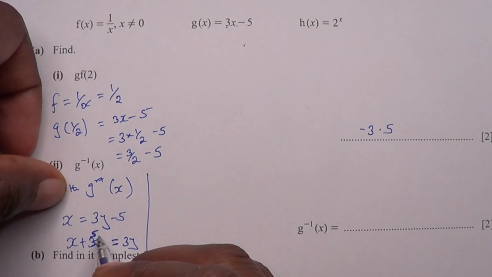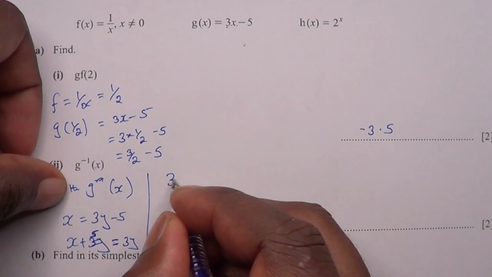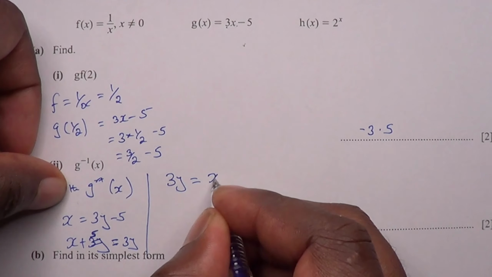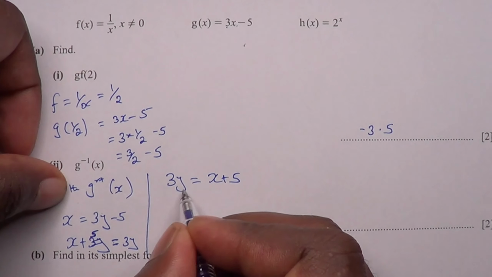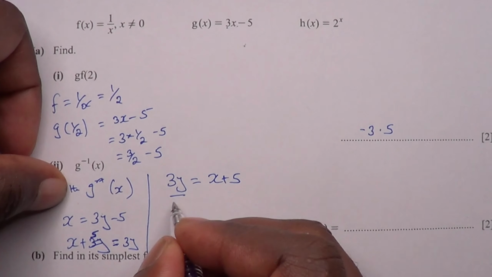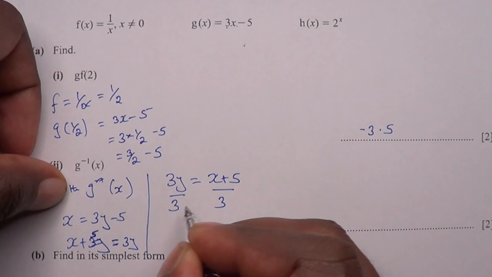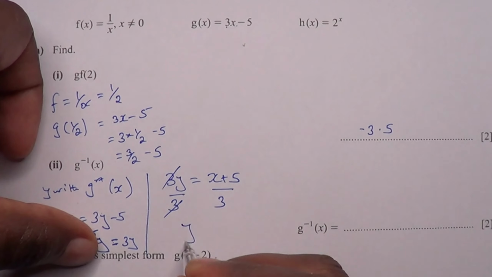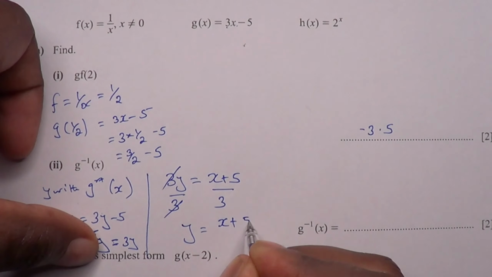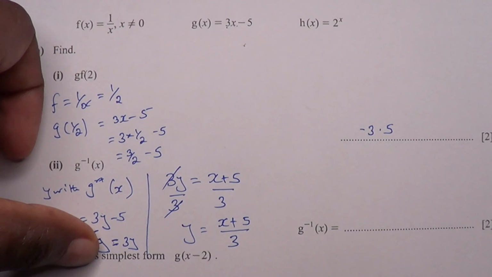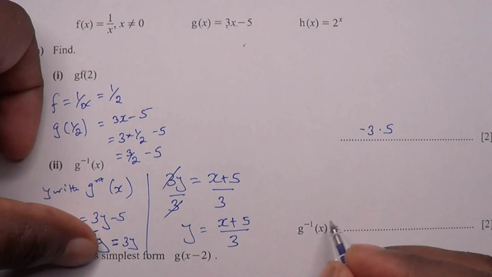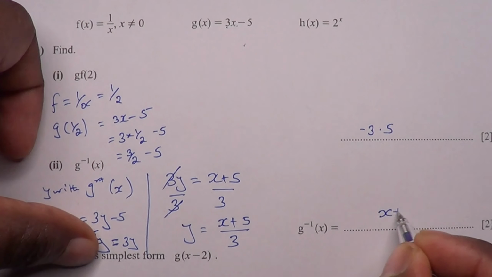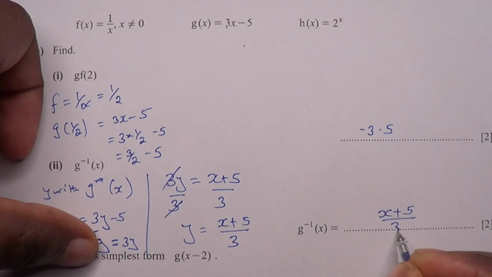So 3y equals x plus 5. I need to find y alone, so I divide by 3. So y equals x plus 5 over 3. So here the answer will be the inverse, that is x plus 5 over 3.